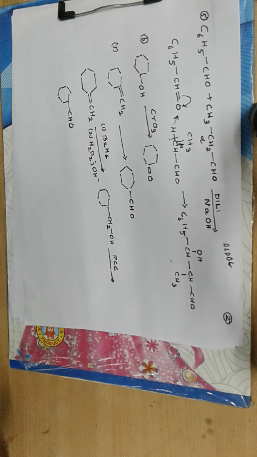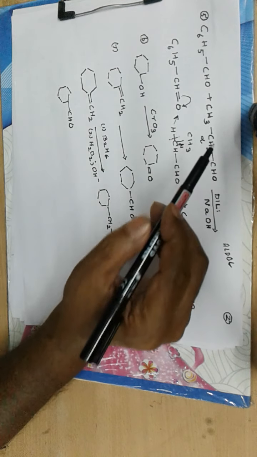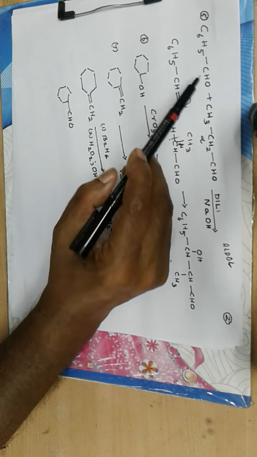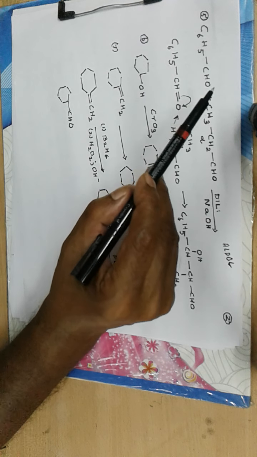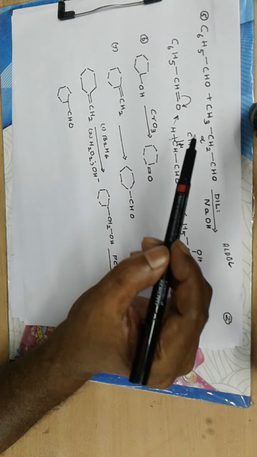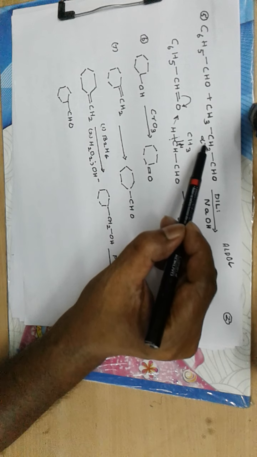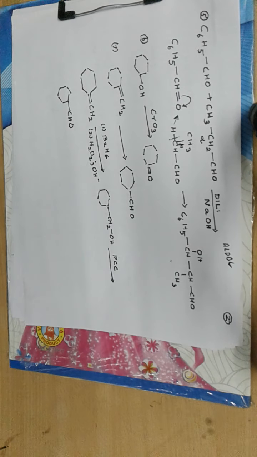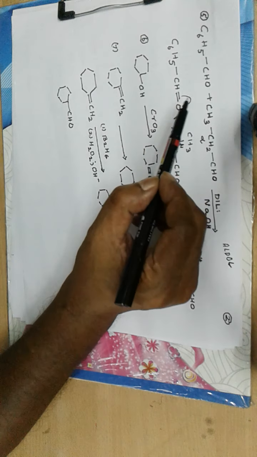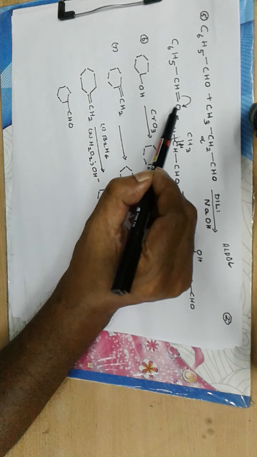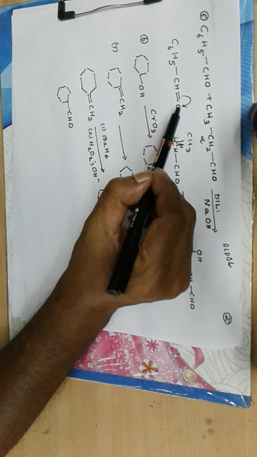Now then, benzaldehyde and propionaldehyde. The thing here is that benzaldehyde does not possess alpha hydrogen, and propionaldehyde possesses alpha hydrogen. And so an aldol type reaction can occur, and in aldol reaction the alpha H atom gets connected to the carbonyl oxygen of the second aldehydic molecule.